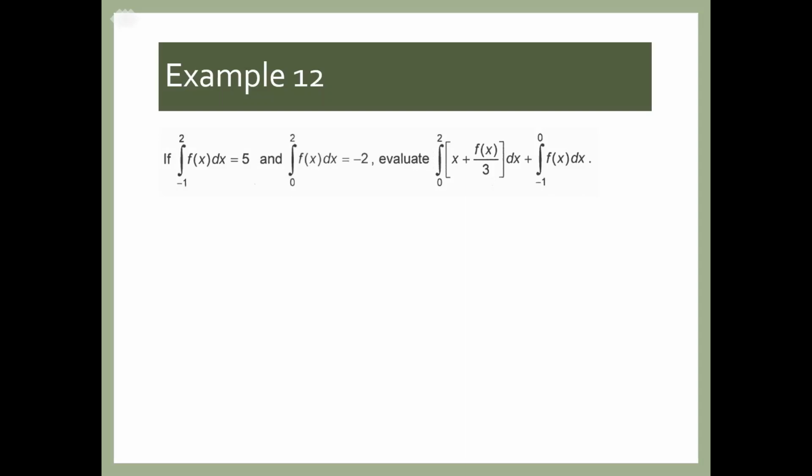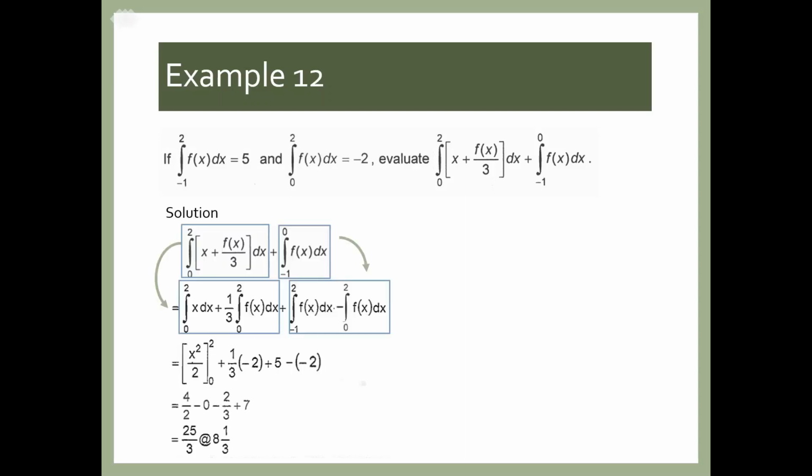Refer to example 12. You need to evaluate the following integral. To solve, split the first integral into two, becoming integrate x with respect to x from 0 to 2, plus 1 over 3, integrate f(x) with respect to x from 0 to 2. Then, split the second integral into two, becoming integrate f(x) with respect to x from negative 1 to 2, minus integrate f(x) with respect to x from 0 to 2.